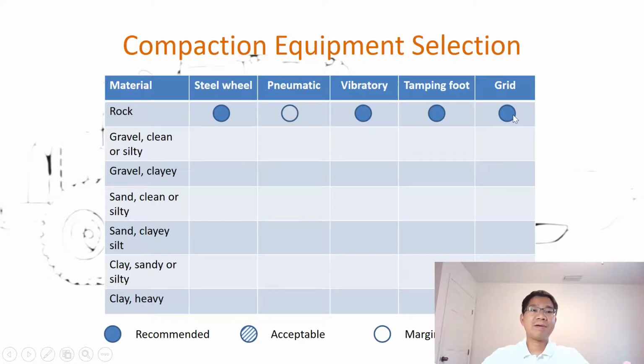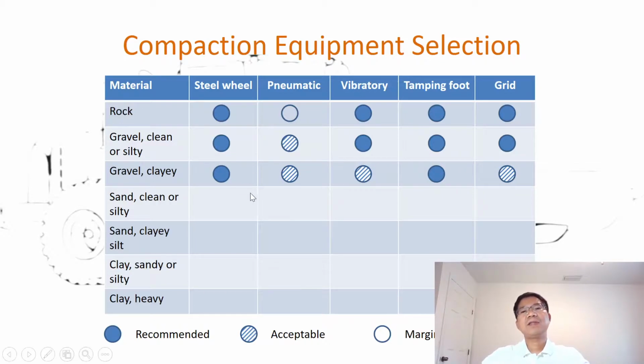So for rock, as you can see, except for the pneumatic, everything can be used. And it goes from rock to very heavy clay, so from gravel to clay. Gravel, clean or silty, is similar to rock, so almost all equipment can be used. Pneumatic is acceptable, but not recommended.